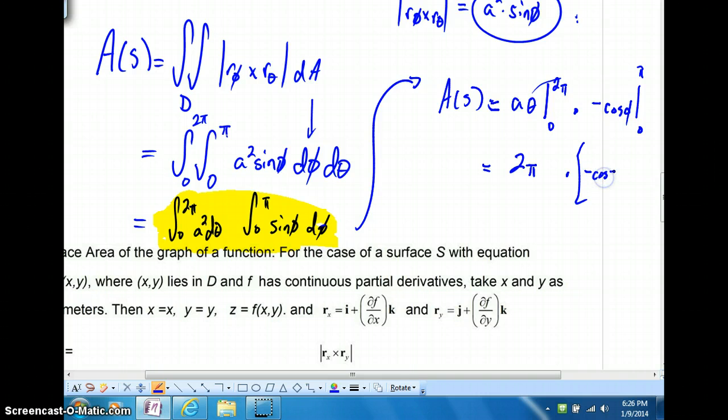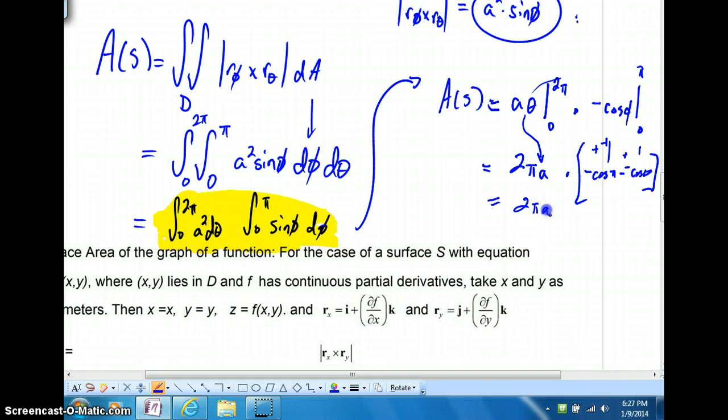Negative cosine of pi minus negative cosine of 0. But the cosine of pi is -1, so we'd have a negative -1, which becomes positive 1. Minus a negative turns into plus a positive, and the cosine of 0 is 1. So 1 plus 1 is 2. Forgive me, I forgot an a for this first integral, so we have 2 pi a.